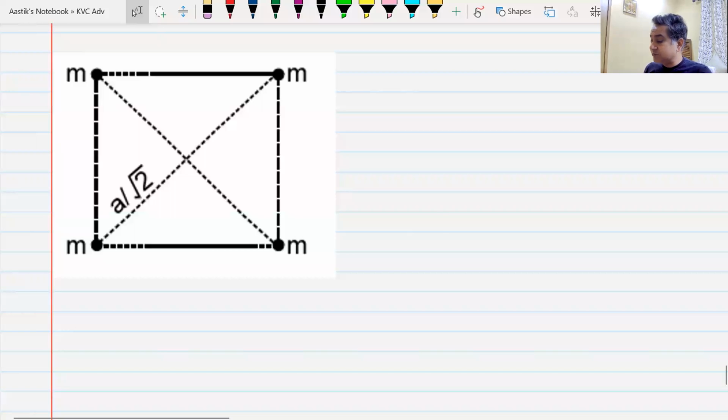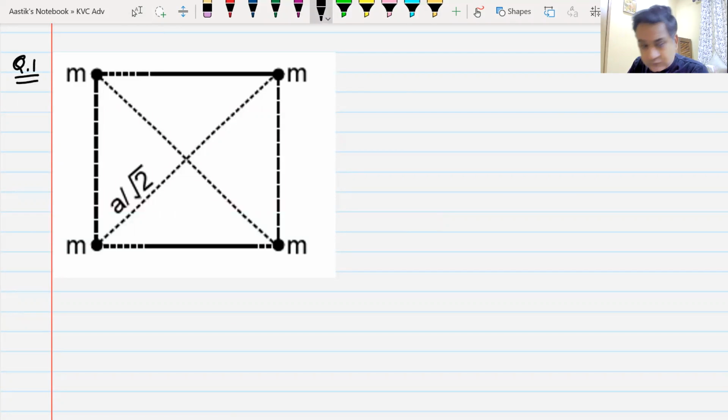Four particles are here like this. Four particles of mass m are kept at the four corners of a square of edge A. Find the moment of inertia of the system about a line. Remember, it depends on the axis of rotation, so you must understand clearly what the axis of rotation is. About a line which is perpendicular to the plane of the square and passing through the center of the square.